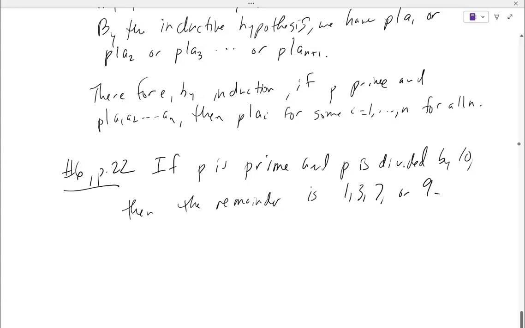So I can throw out 0 easily because P is prime, 10 is not. I'm dividing P by something other than 1 and other than itself. So first, since P is prime and 10 is not P, the remainder can't be 0.